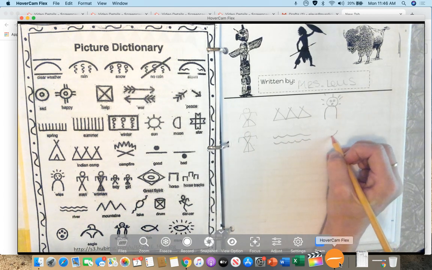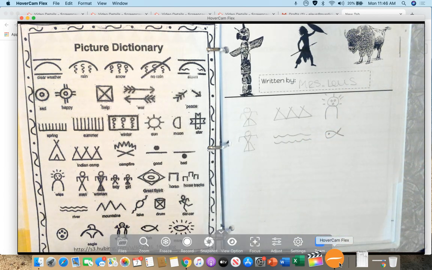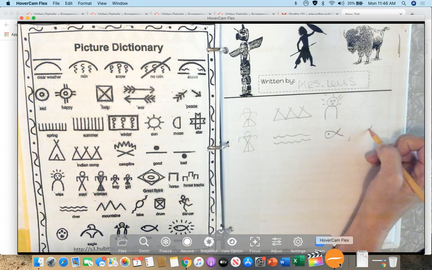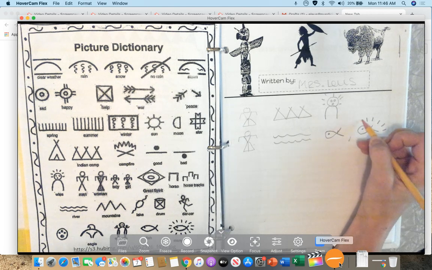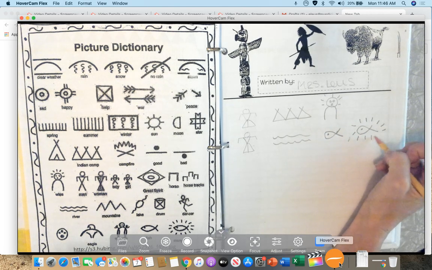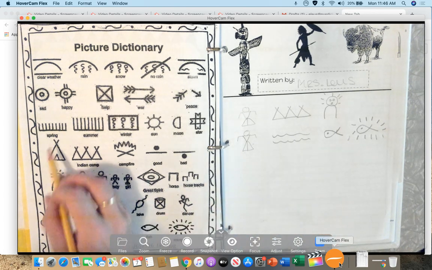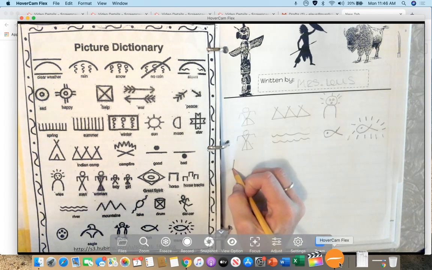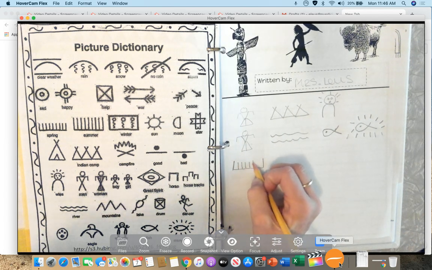So I'm going to draw the fish symbol. And then I'm going to say also that there were many fish. She found many fish. And then I'm going to say that it was springtime. I'm going to explain what the weather's like, the setting.